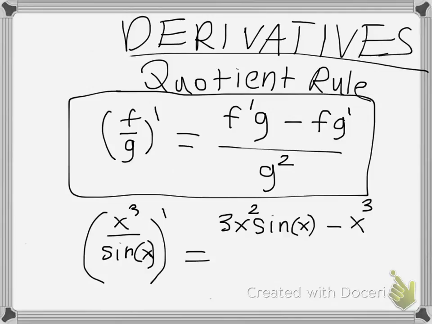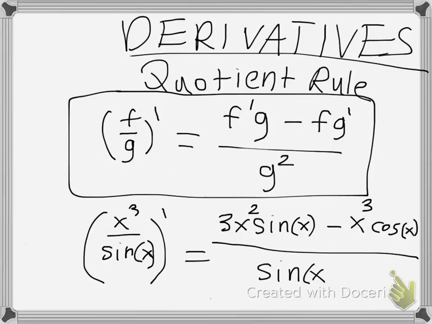The derivative of sine of x is cosine of x. And this is all over g squared. In this case, g of x is sine of x, so g squared would be sine of x squared.